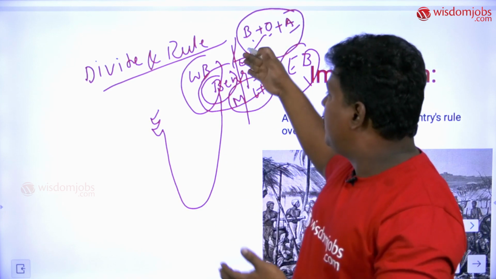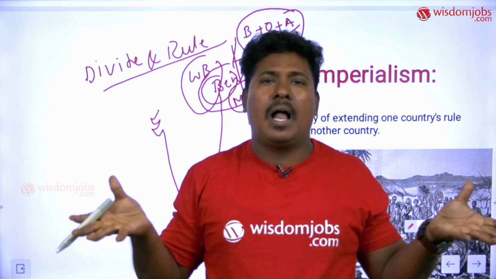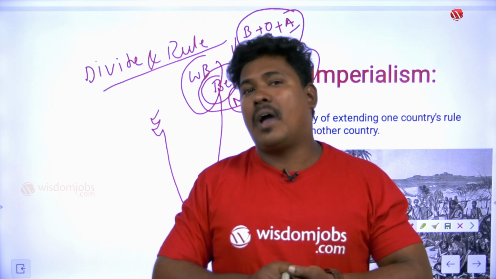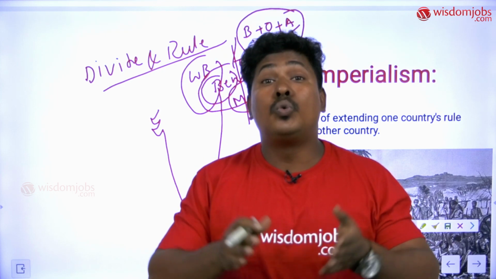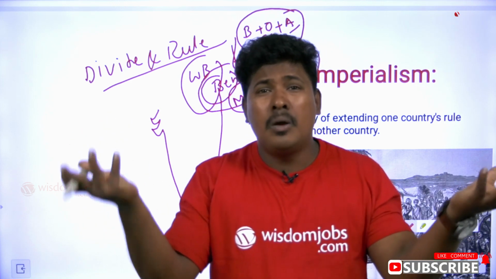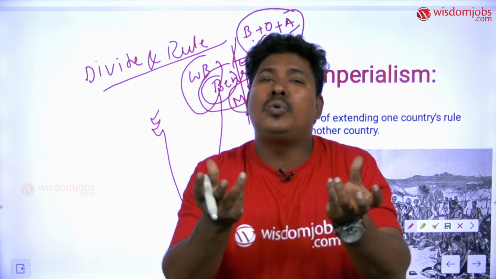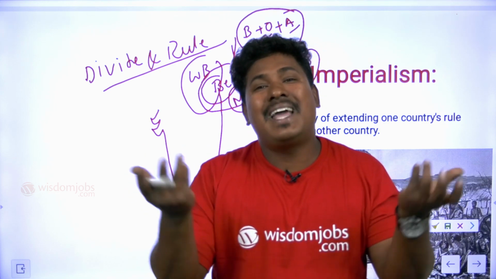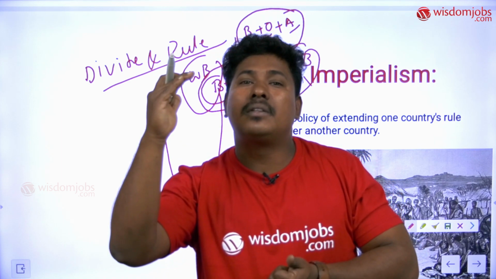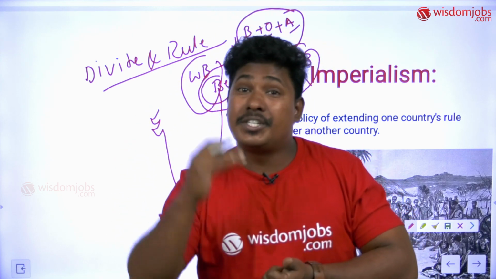And now British started the main motto of this, the partition of Bengal in the year 1905 by Lord Curzon, to divide India into two religions, Hindus and Muslims. When India was divided into two religions, Hindus and Muslims, the rise of nationalistic feelings in the minds of the people would be reduced.